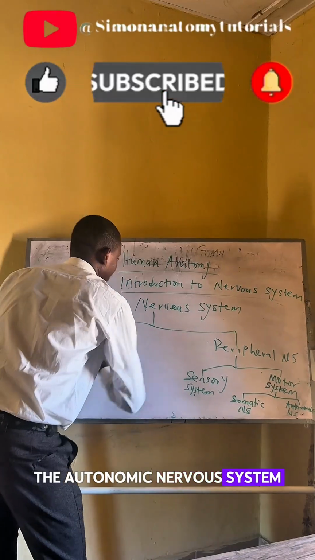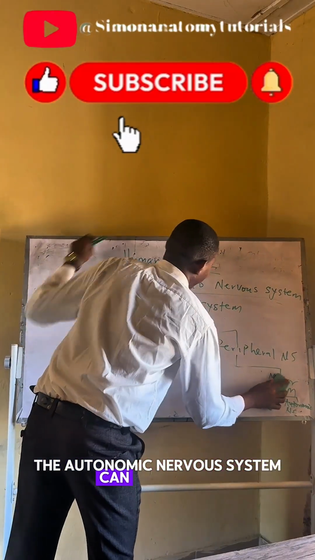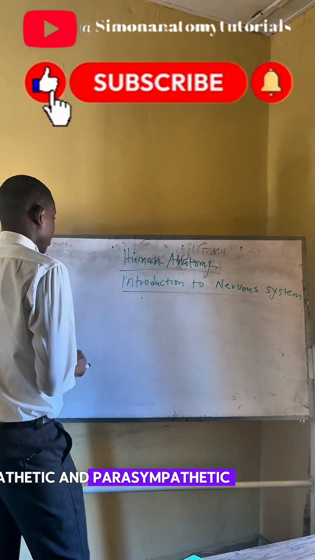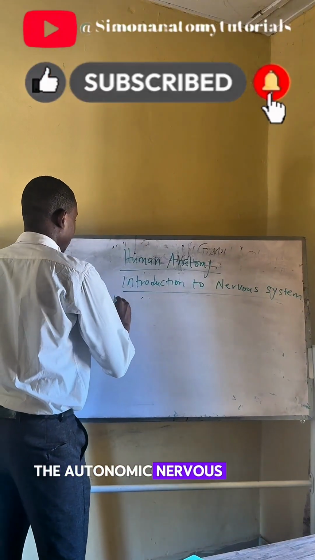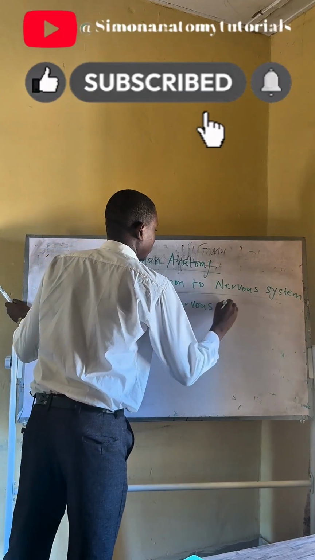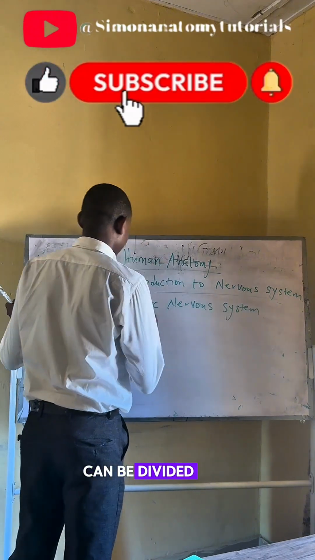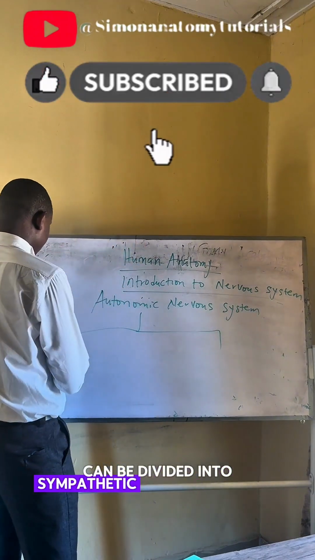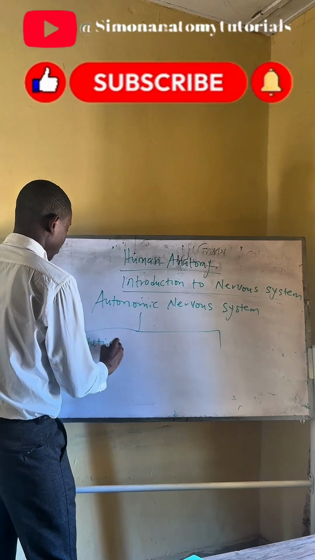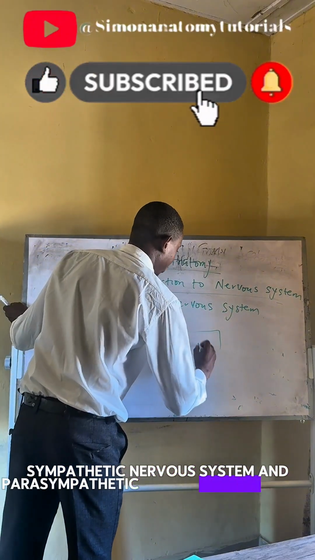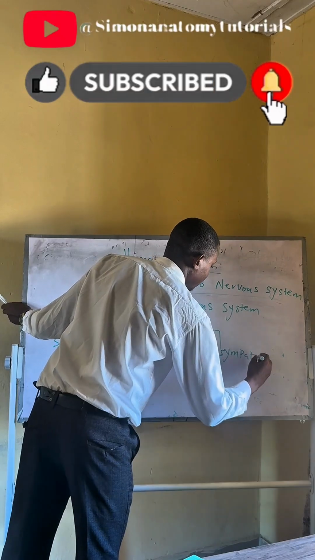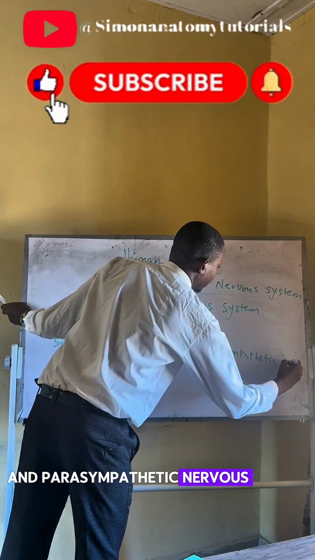The autonomic nervous system can further be divided into the sympathetic and parasympathetic nervous systems.